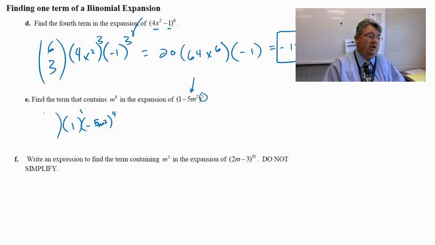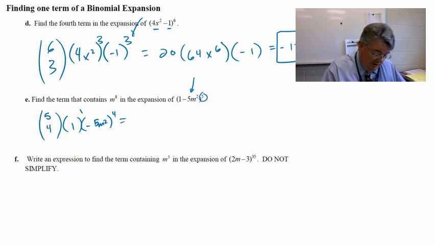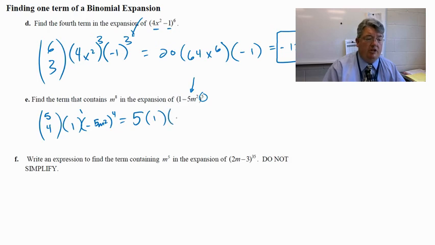And this out here will be 5 choose 4. Okay, 5 choose 4. I already know this, because we've looked at this before. It's 5. 1 to the first is 1, and negative 5m squared to the 4th is, well, 5 to the fourth gives me 625, and it's positive.